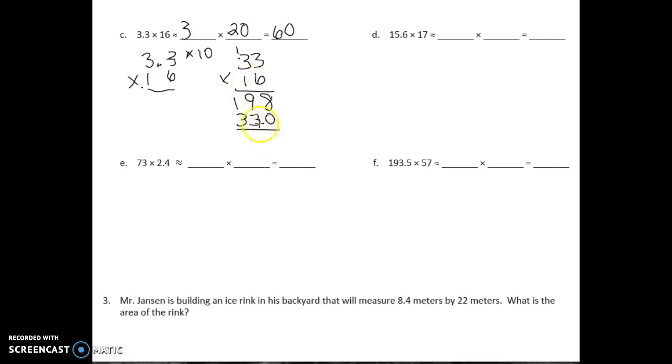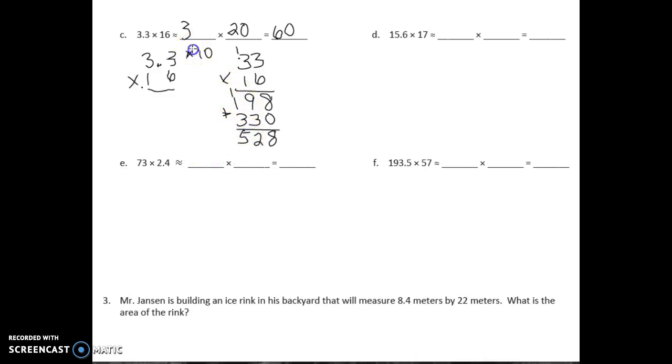And now we go through and we add them together the same as we always do, because multiplication is repeated addition. 8 plus 0 is still 8, 9, 10, 11, 12. We carry our 1, 3, 4, 5.